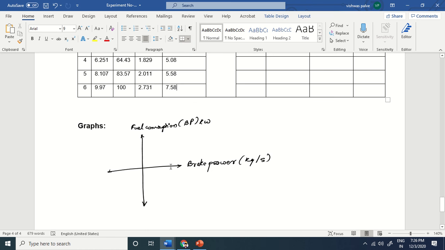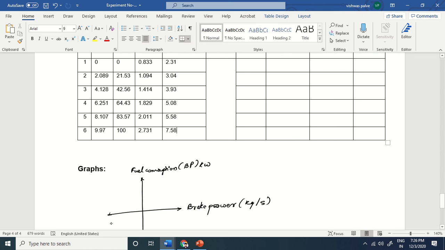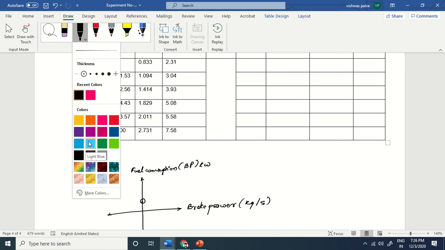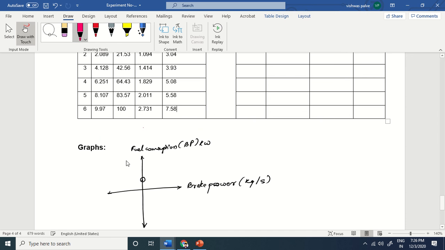When you plot all those points, the first point will be somewhere on this line. I'll take another color so it will be easier for identifying. So the first point, similarly you will get the second, third, fourth, fifth and sixth.